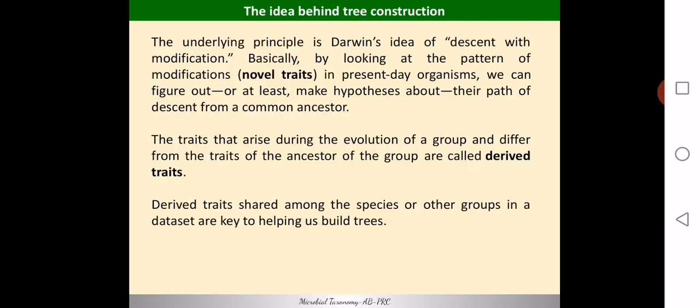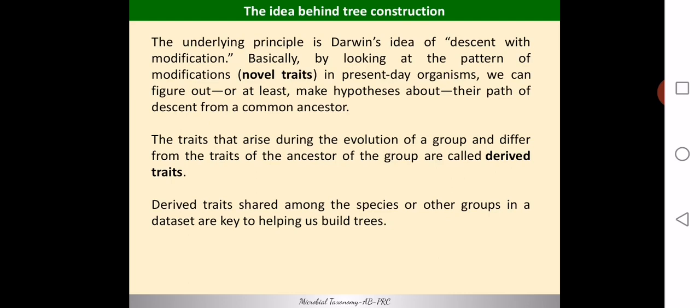So during evolution, there is a concept by Darwin, descent with modification. There will be descendants, or organisms, which evolve usually with a modification. So evolution occurs with a change. Such traits are called novel traits.